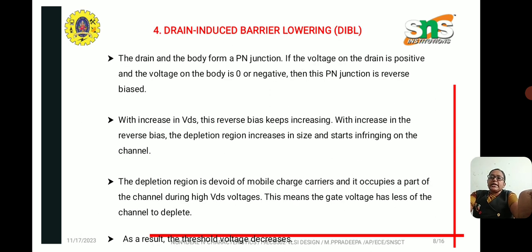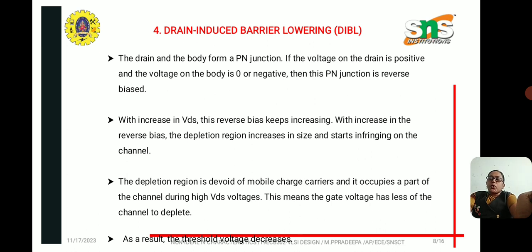So next is drain induced barrier lowering. Here it works like a PN junction diode. When I increase my VDS, that is the drain source voltage, the depletion region will form around the drain region and also the source region.